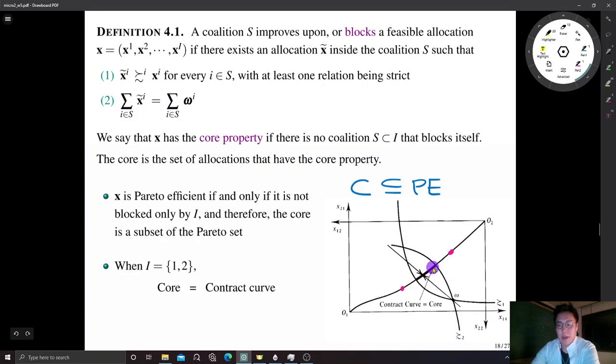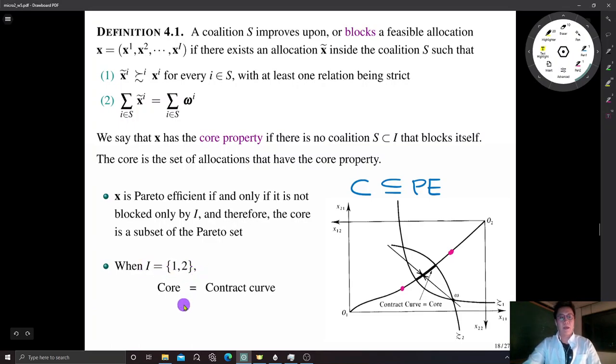So these are the best allocations for these two consumers when they trade efficiently, because these are the allocations on the Pareto set. So every allocation is Pareto efficient in this set. So in this case, the core is equivalent to the contract curve, just in case of two consumers.